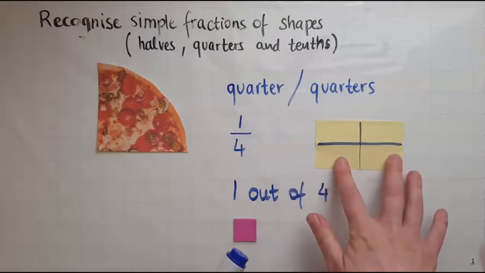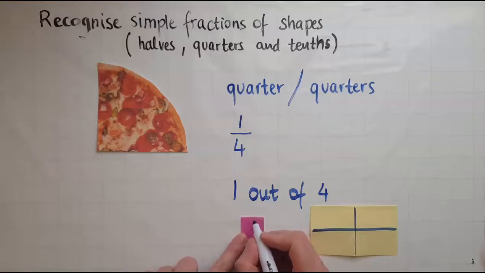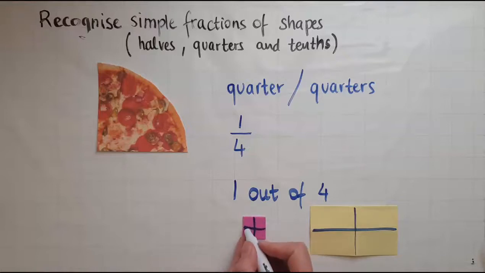So I've got 4 quarters. And this square in half and then half again. So each and every one of these is a quarter. So this is how you split shapes into quarters.